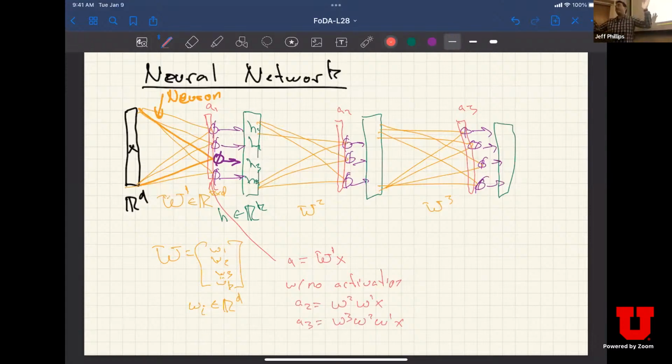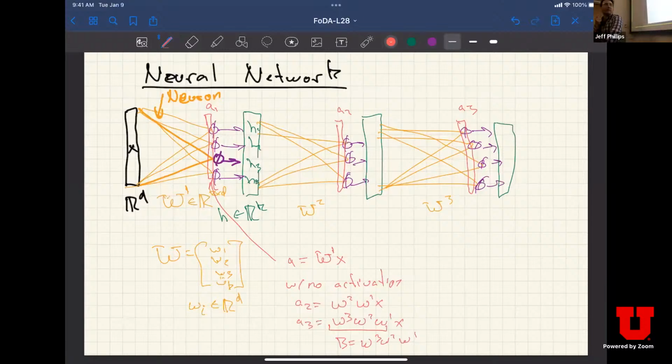Okay, so why is this not very useful? Because I can write a single matrix, let's call this B equals W3 W2 W1. I can write a single matrix, and that can do the same work as these three matrices together.